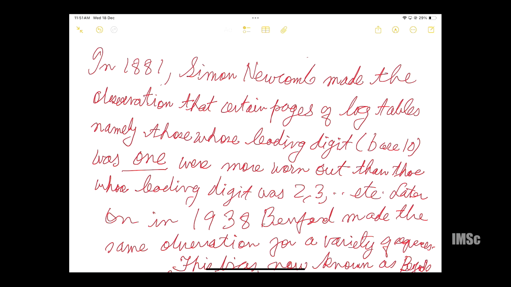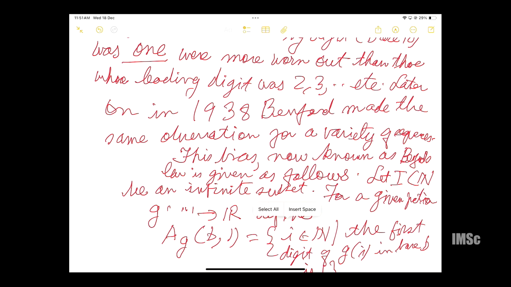He was working with base 10, log to base 10. But later on, much later, in 1938, Benford made the same observation for a variety of sequences. So this bias is now known as Benford's law.